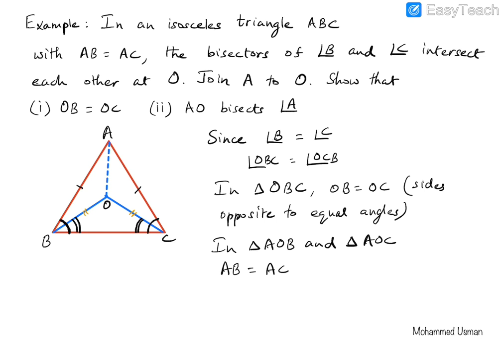Then we know that angle ABO is equal to angle ACO because it's going to be half of angle B and half of angle C, and since angle B and angle C are equal, half of angle B and half of angle C are also going to be equal.